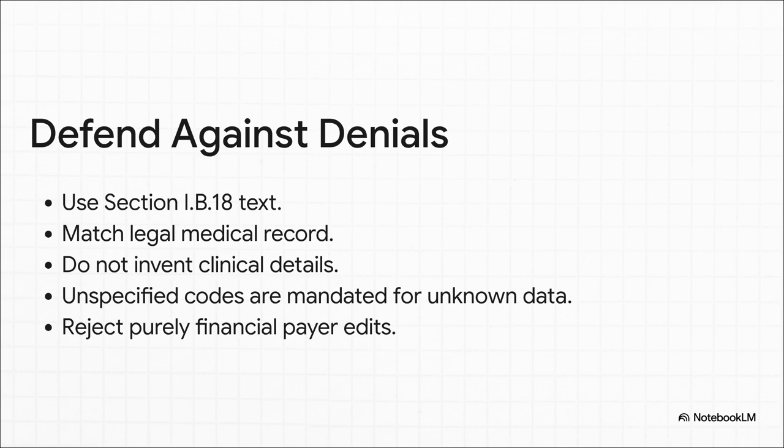First, stand your ground using the exact text of Section I.B.18. Prove that your claim perfectly matches the exact boundaries of the legal medical record. Remind those auditors that inventing clinical details is non-compliant. Cite the fact that unspecified codes are mandated for unknown data. And finally, confidently reject any administrative rework driven purely by financial payer edits rather than clinical reality.